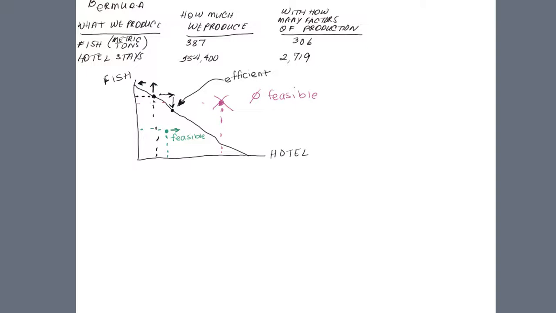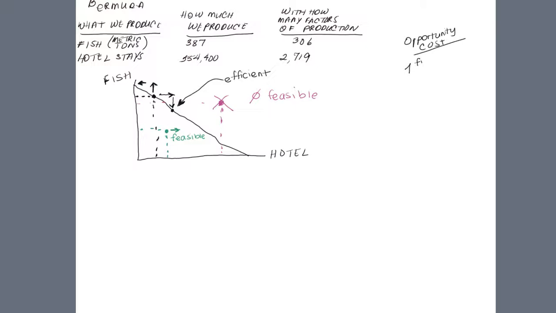The problem also gives us one more thing that we should note on the side here, and it gives us the opportunity cost. And remember that the opportunity cost is just how much of one good you have to give up to get another. And in this problem, they tell us to assume that the cost of one additional metric ton of fish, and I'm just going to write fish, is 2,000 hotel stays.